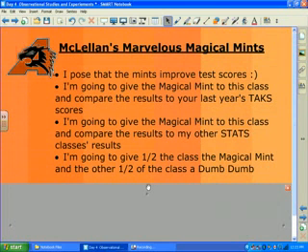Okay. So what if I give half of you a magical mint and half of you a dum-dum? Here, let's do that. So I'm going to randomly choose half of you. Okay, randomly. Randomly, I'm giving half of you guys my magical mints. And then half of you guys, I should have done like 2 per table.